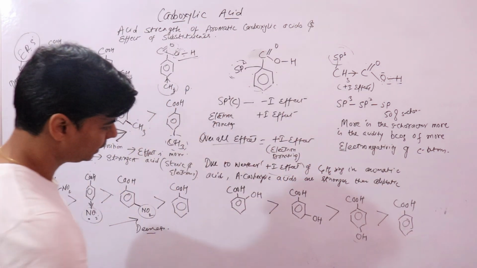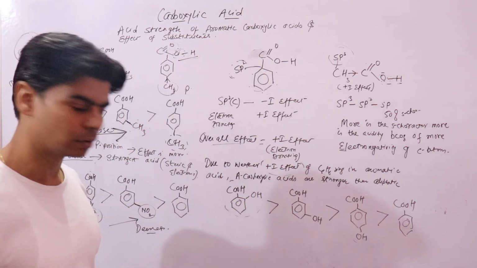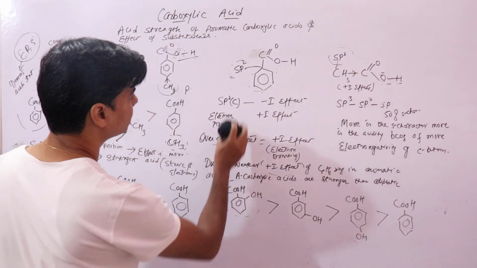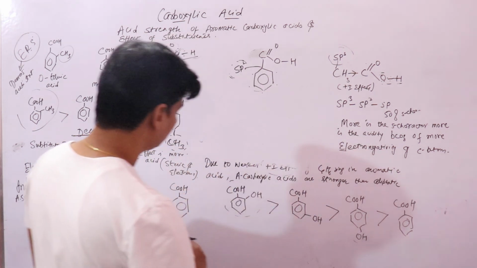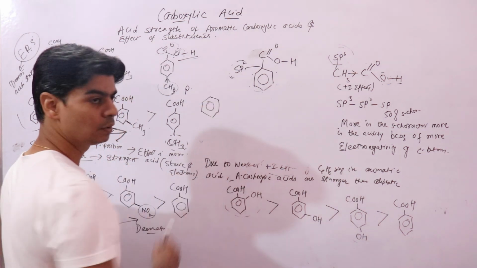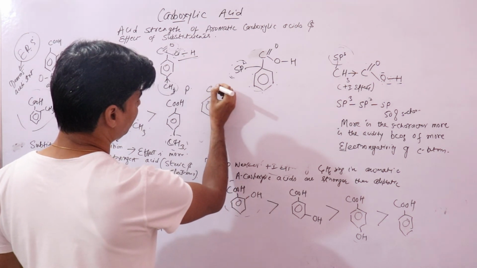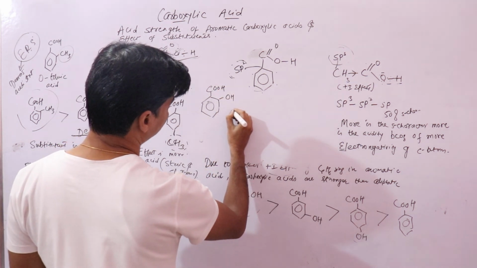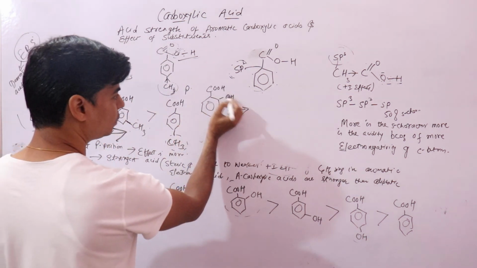Now one thing to understand here is why orthohydroxybenzoic acid is a stronger acid. If you look at the ionization of orthohydroxybenzoic acid, let me just quickly show you. Orthohydroxybenzoic acid is stabilized due to hydrogen bonding. That is why this is strongest. Right? When we add it to water, this hydrogen ion would be released.